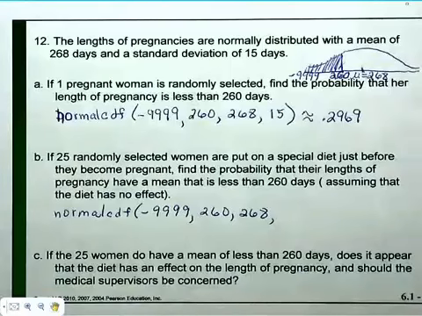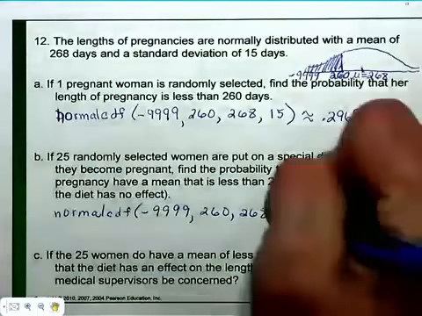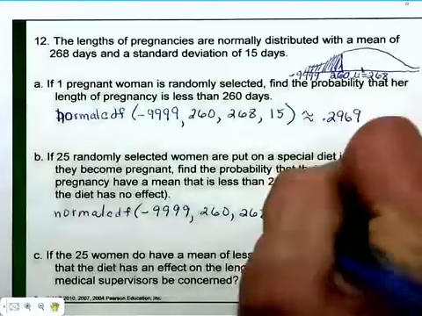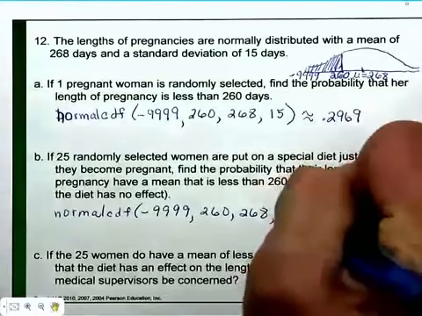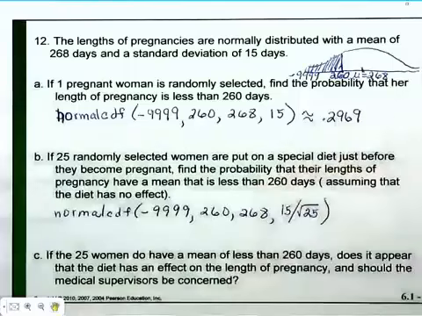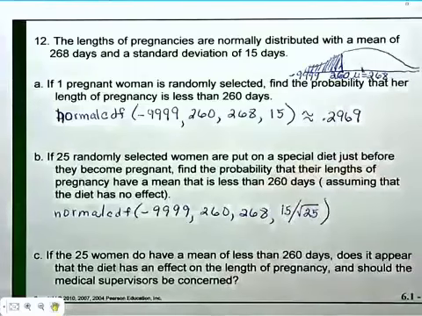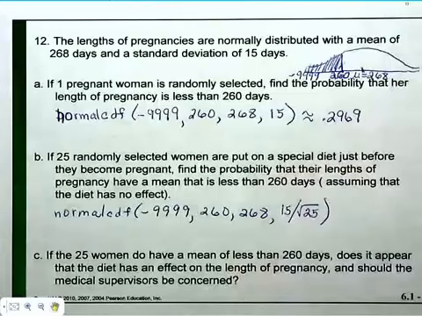I have to adjust the standard deviation. It's not just 15, it's 15 divided by the square root of 25. Actually, you could do that in your head pretty quickly. Square root of 25 is 5, and 15 divided by 5 is 3. You could just calculate that in your head and put a 3 right there.